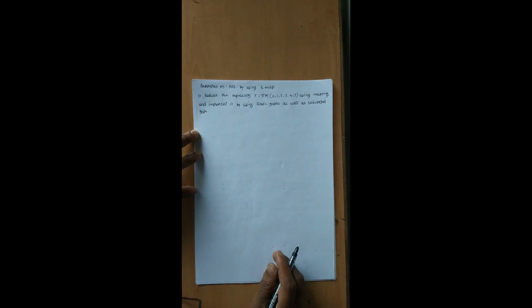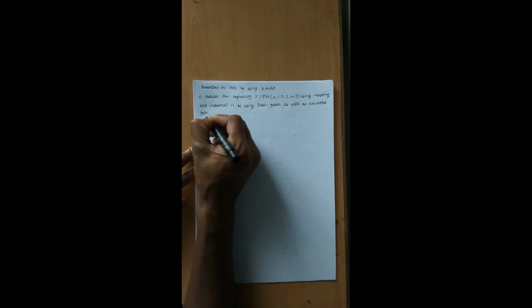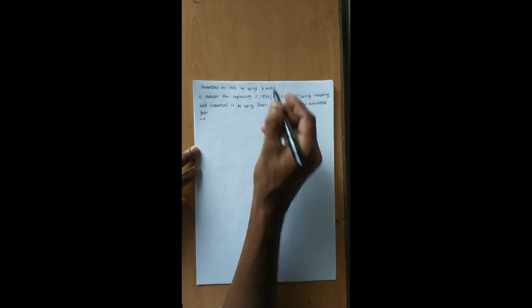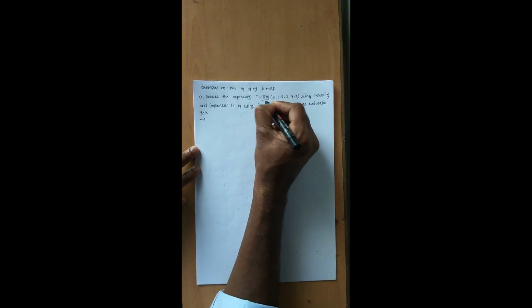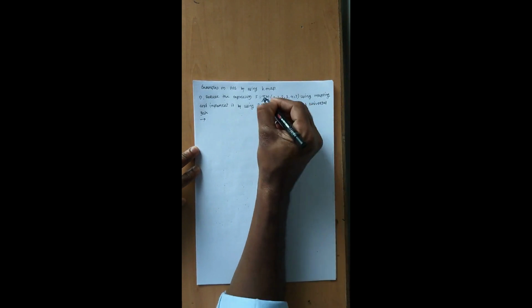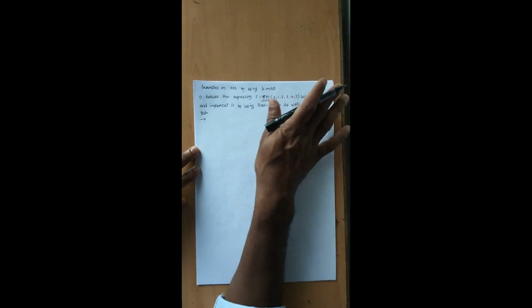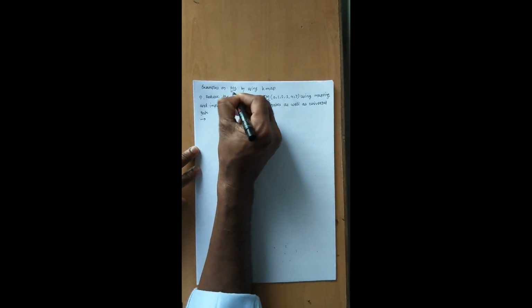This is the problem statement, and we have to draw K-map. By using K-map, find out a minimal expression and then logic diagram. So if you observe carefully, in this expression we have to find out whether it is a SOP or POS. So pi m is a representation of the max terms which is concerned with the POS.